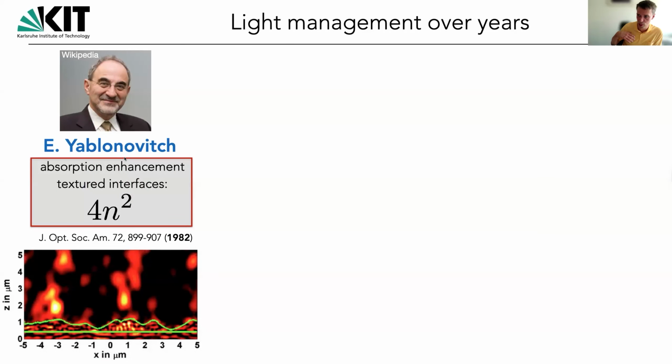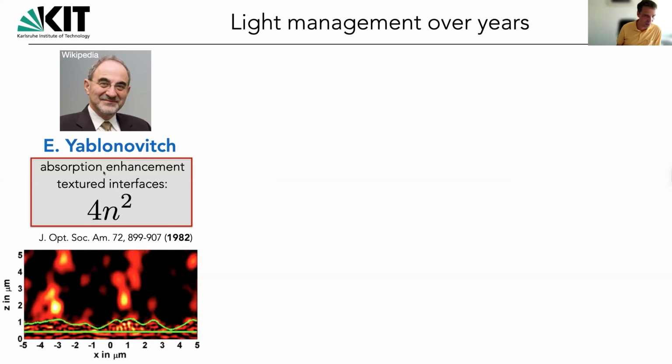Now we have to think about how structures could look that serve this particular purpose. The light management topic over the years has experienced multiple steps of evolution, and different approaches have been conceived to contribute to the solution of this problem.